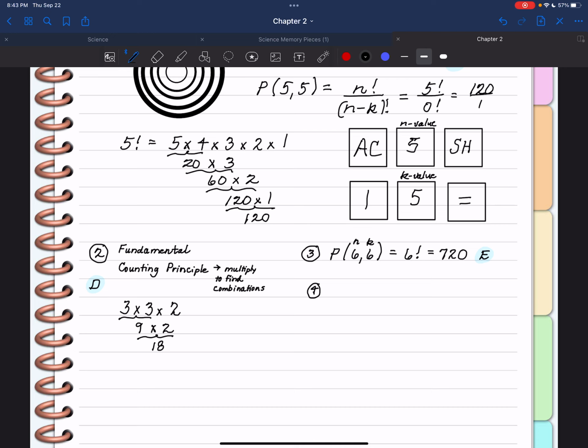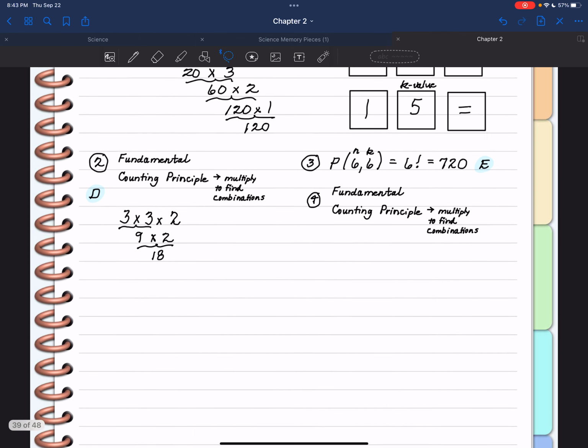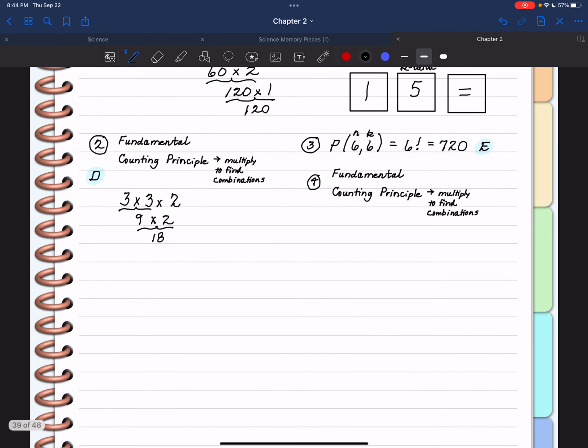Well, I could do a tree diagram, or I could do the fundamental counting principle. So I'm going to set this one up as gender. You choose a men's or women's. Then we have size, small, medium, large.